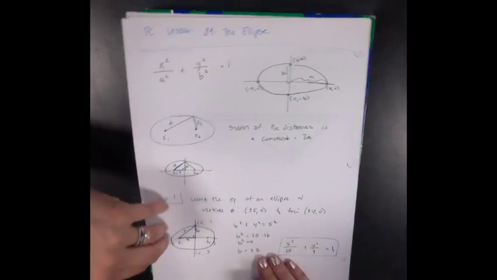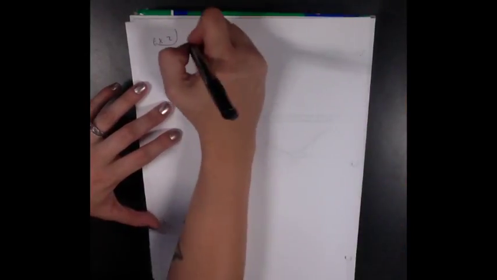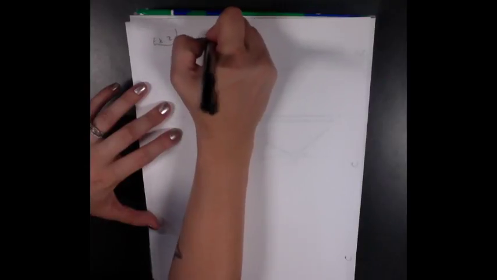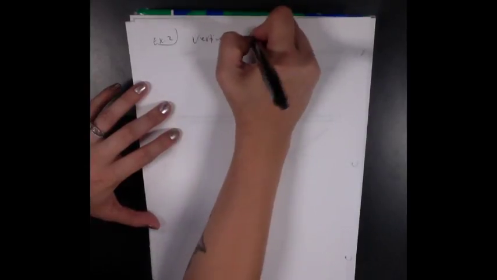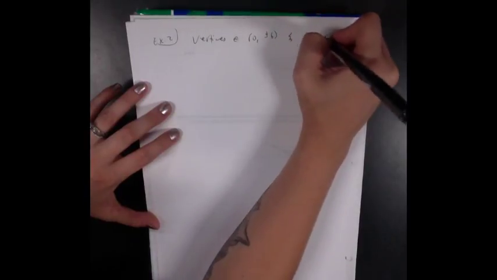So let's do another example. Example 2, write the standard form of the ellipse with vertices at 0, plus or minus 6 and foci at 0, plus or minus 5.